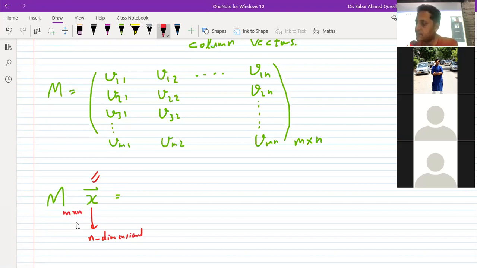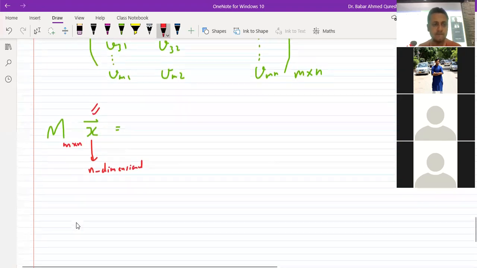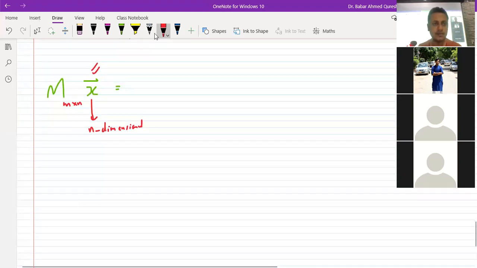I picked up the wrong book. So let's take an example. I have misplaced my notes. These are not the notes which I needed.